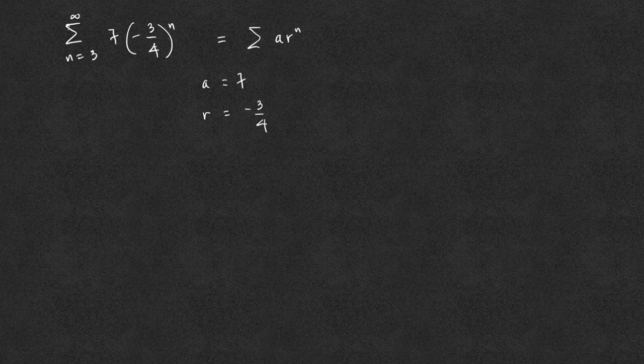The absolute value of the ratio is 3 over 4, which is less than 1, so the geometric series converges. And if it is convergent, then we can find the sum. However, in this case, the series starts with n equals 3. There are a few ways to do this.